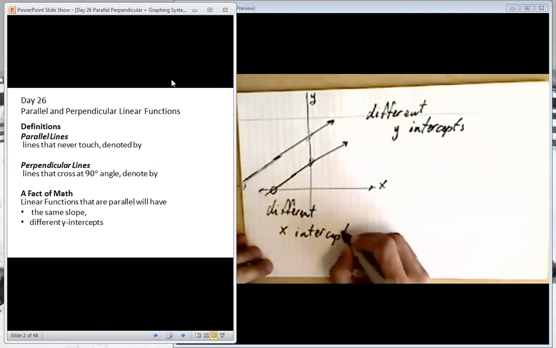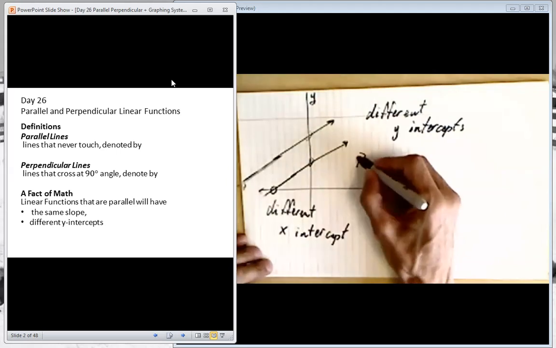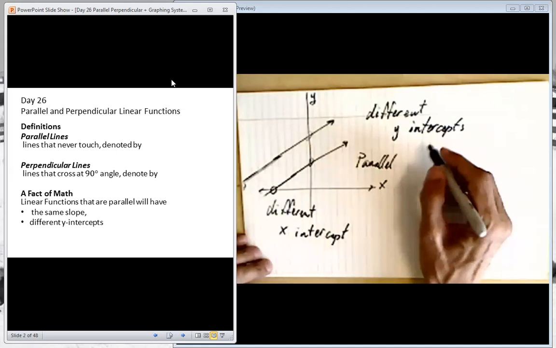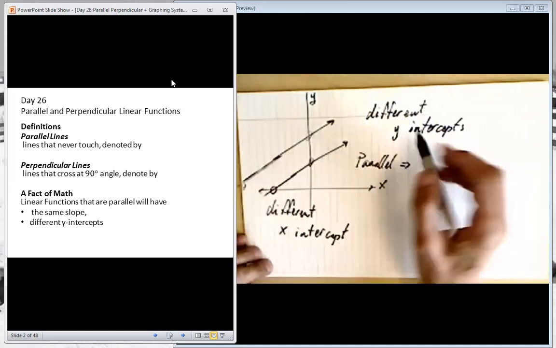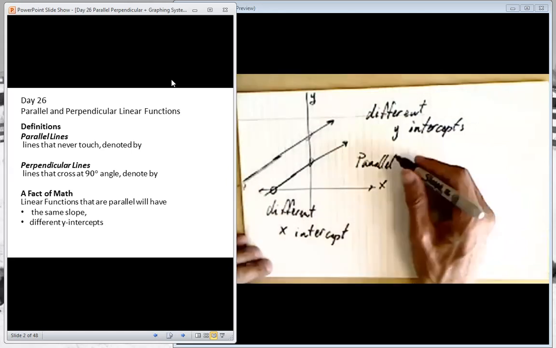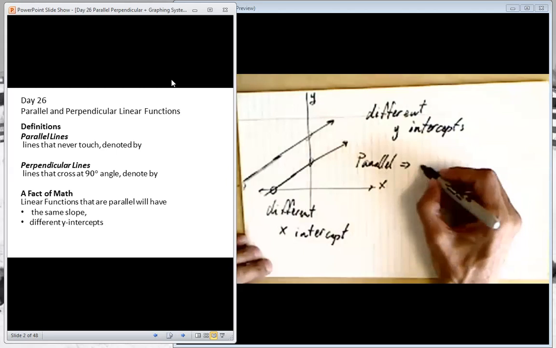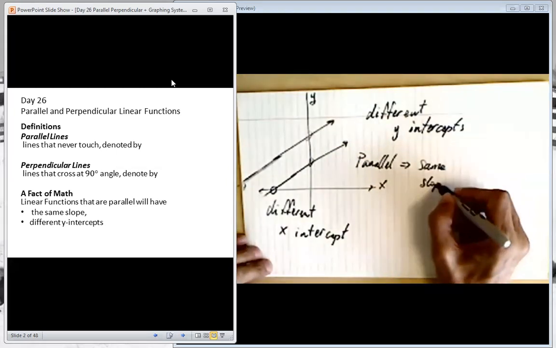What's the same though when lines are parallel? What's going to be the same for both of these lines? Same slope. Okay.